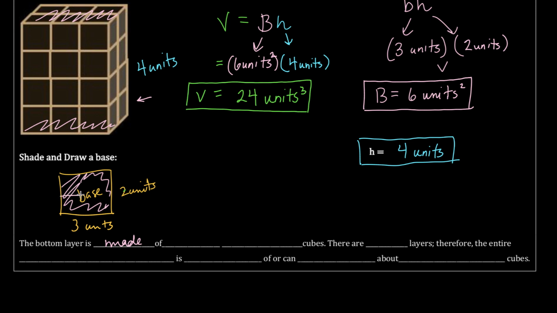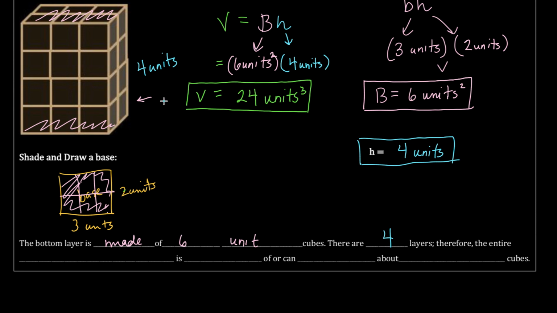If I need to draw them, I will. So the bottom layer is made up of 6 unit cubes. They're squares, so there are 6 of these cubes on this bottom layer. And there are 4 layers, or the height is 4, right? 4, right here.